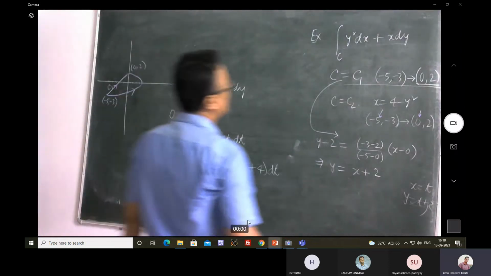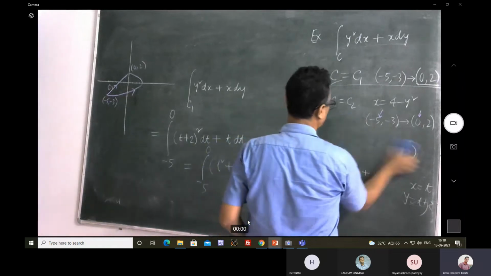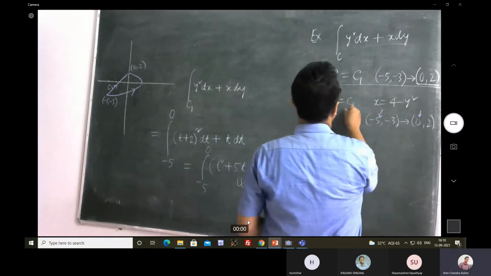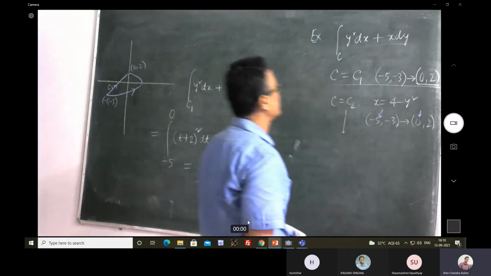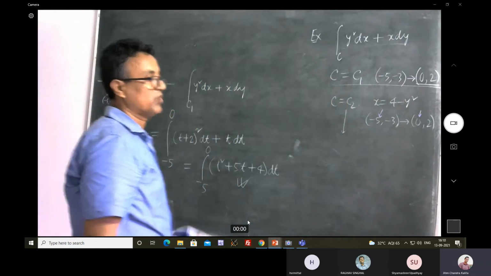So if I consider C equal to C2, this one, because it has already been given, x equals 4 minus y squared.